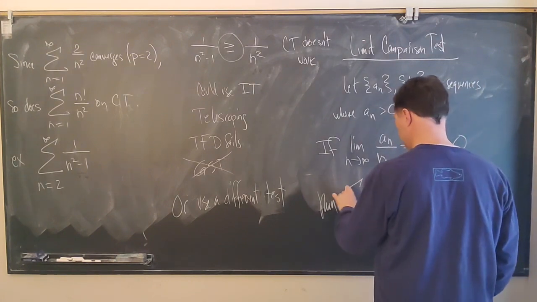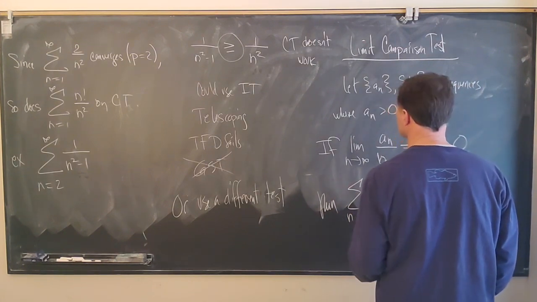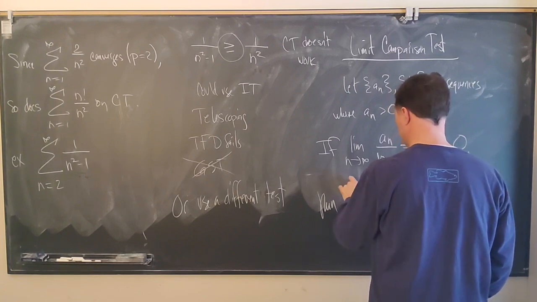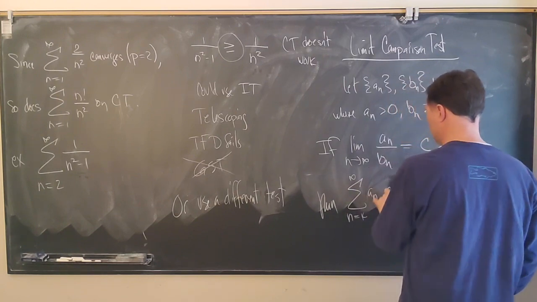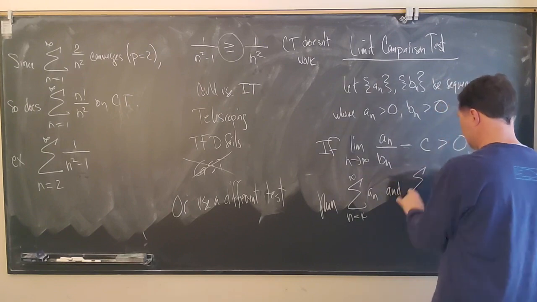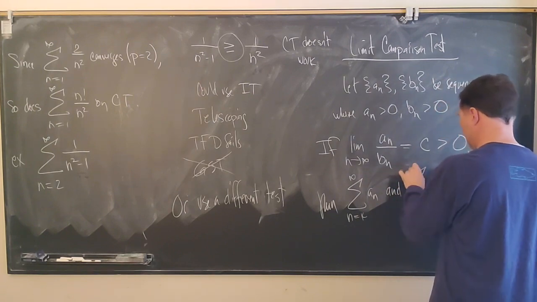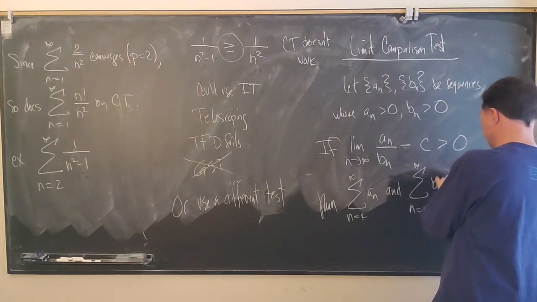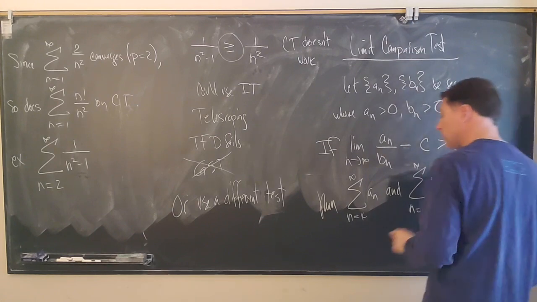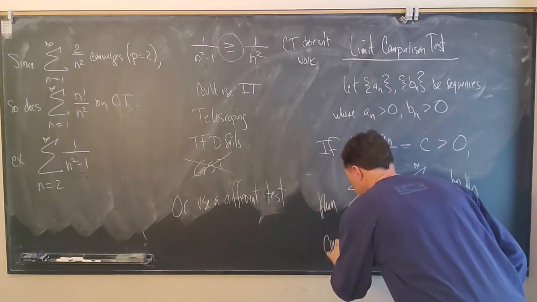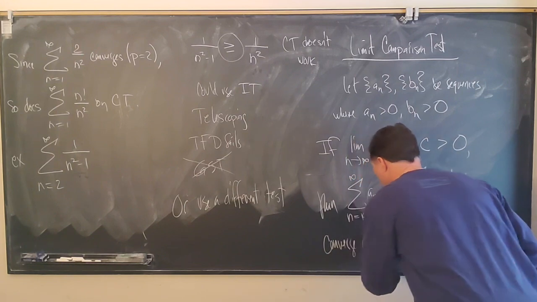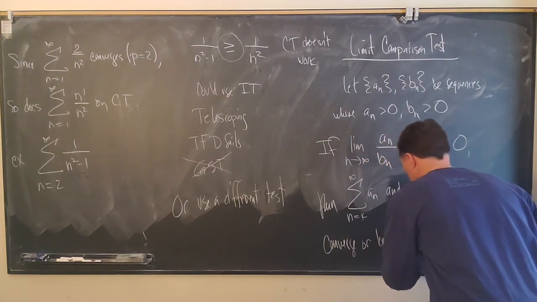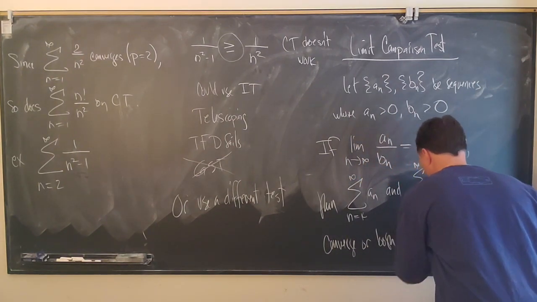So then the sum from n equals k to infinity of a sub n and the sum from n equals k to infinity of b sub n both converge or both diverge.